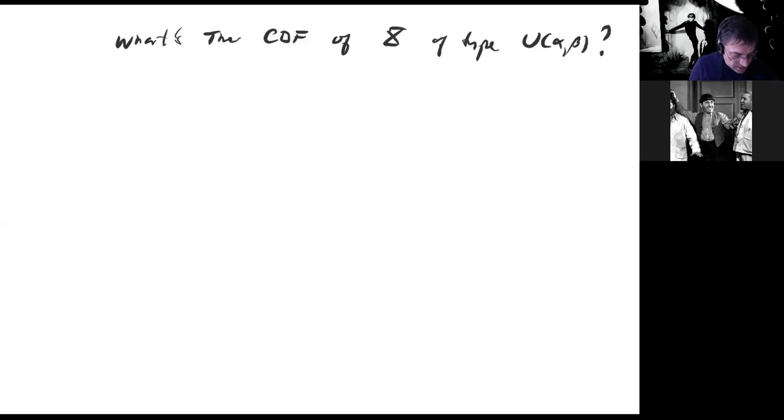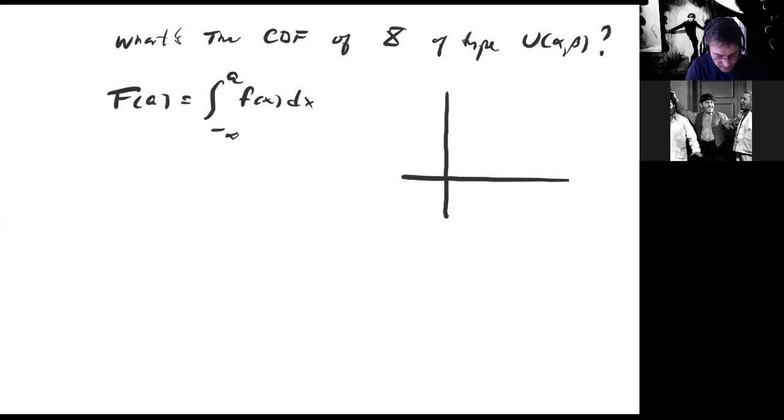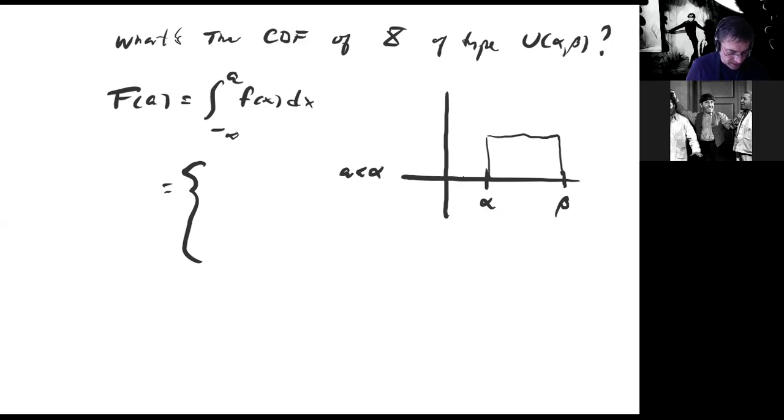Okay, so now remember the definition. By definition, F of a, the cumulative distribution function, is the integral from minus infinity to a of f of x dx. So I think it makes sense to look at the picture of the graph again. Here's alpha and here's beta. So it depends where a is. So if the number a is less than alpha, then there's no area under the curve, because the curve is supported between alpha and beta.